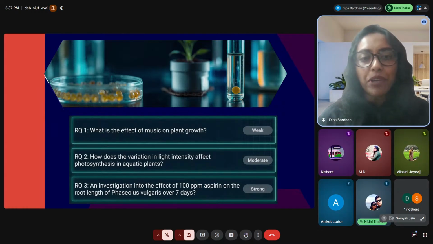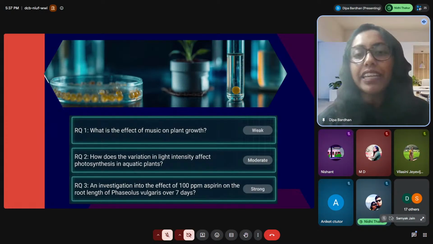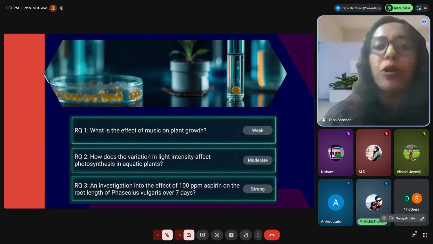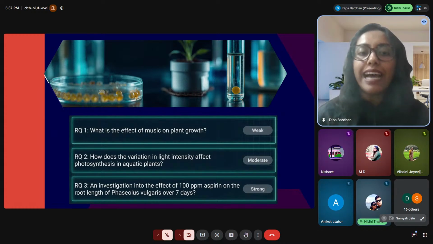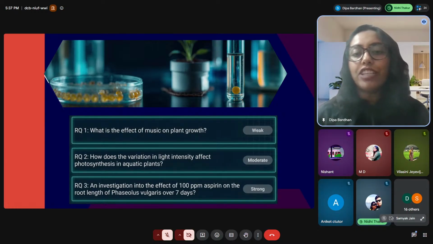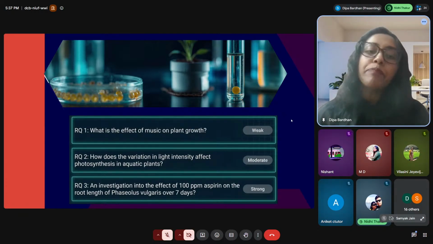Then comes the moderate one, where they have given how the variation in light intensity affects photosynthesis in aquatic plants. So at least we know that there will be different levels of light intensity. The plant growth can be assessed as photosynthesis, and the plant will be an aquatic plant, not a generic plant at least. But the strong one says an investigation into the effect of 100 ppm aspirin on the root length of the bean plant, Phaseolus.